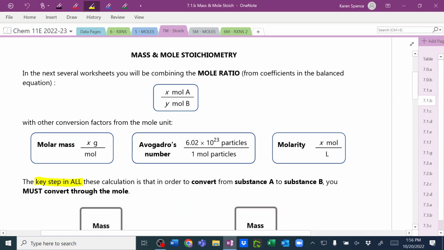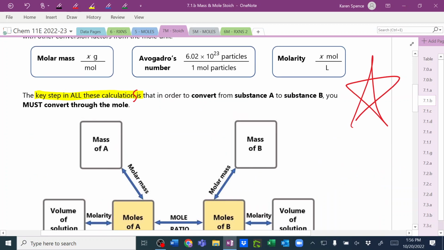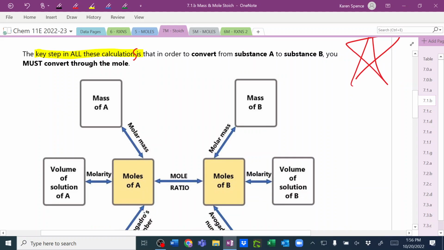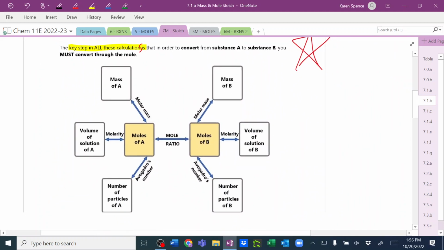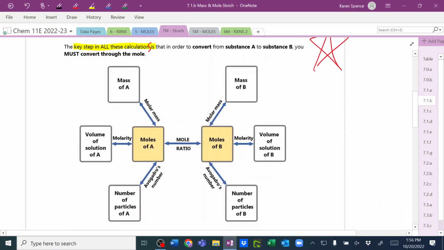The key step in all these calculations is that in order to convert from substance A to substance B, you have to convert through the mole. So you'll see this little chart all through here. The key is that you have that mole in the middle.